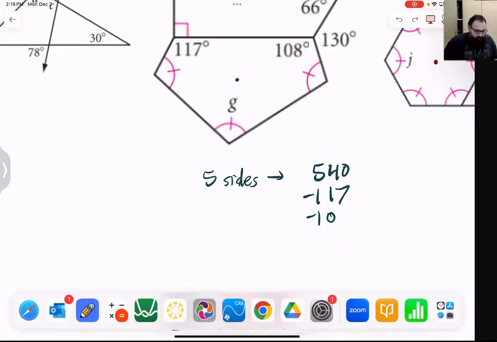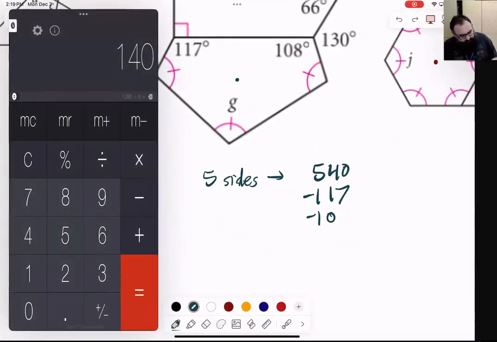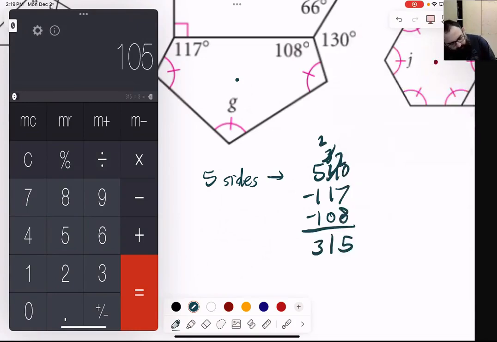Did I do this right? Oh, divided by 3. Yeah, I did it right. So it would be 105 on each of these, yeah?